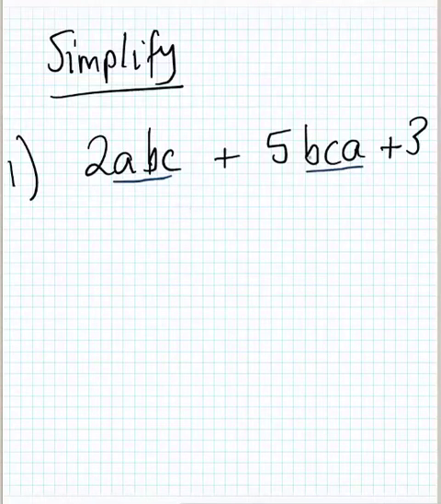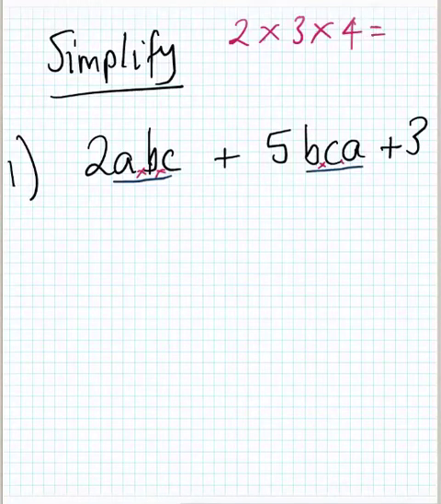Order does not matter. And to remember why, it's because we know there's an invisible times in between the B, C, and the A. And invisible times in between everything. If, for example, A was 2, B was 3 and C was 4, imagine we replace them with numbers.